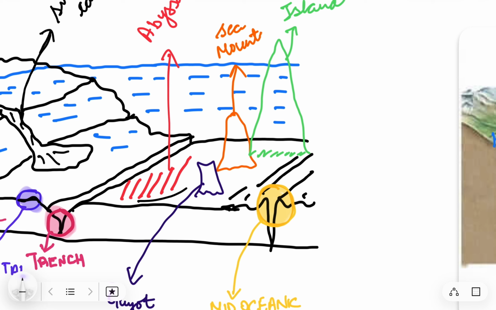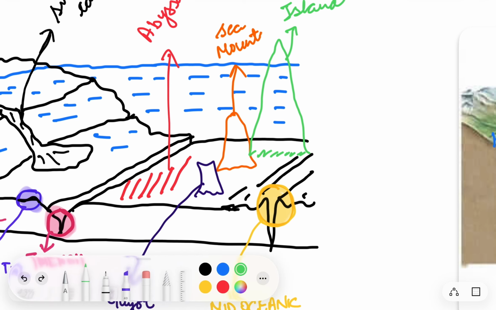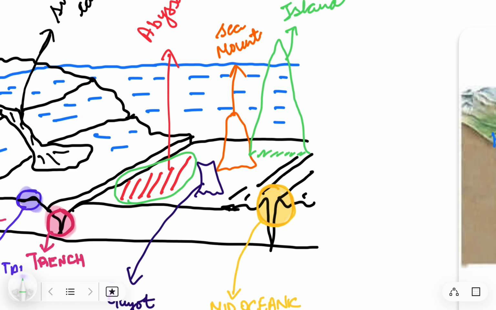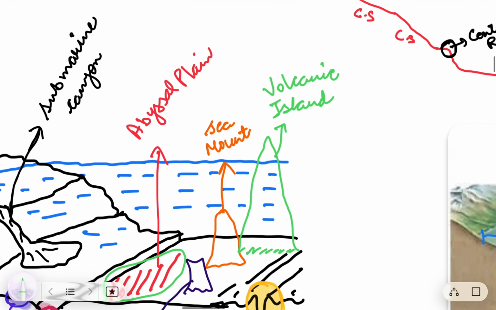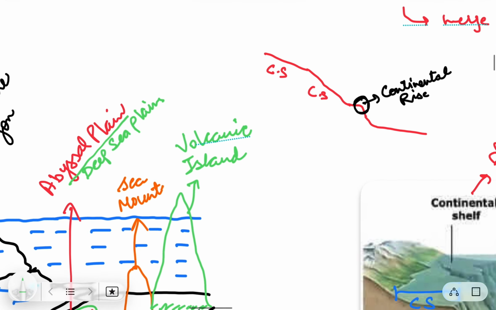Deep sea plains are nothing but the abyssal plains. Now the deep sea plains or abyssal plains start beyond the continental rise.